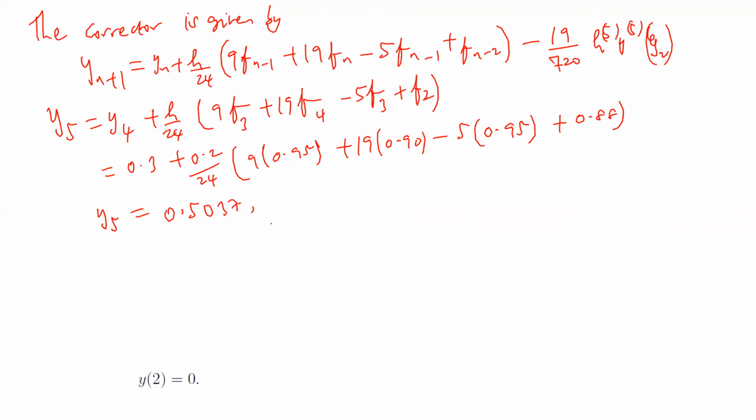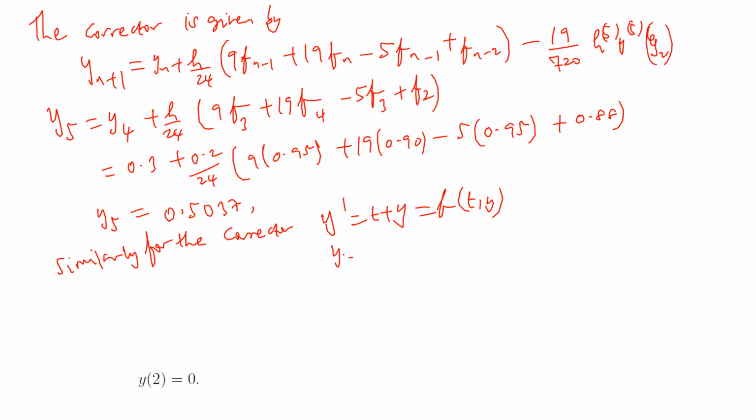And then similarly, for the corrector, we get a different value of F5. Similarly, for the corrector, we remember that y primed is t plus y for this question, but it is f of t, y.